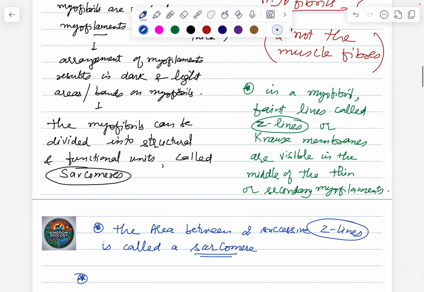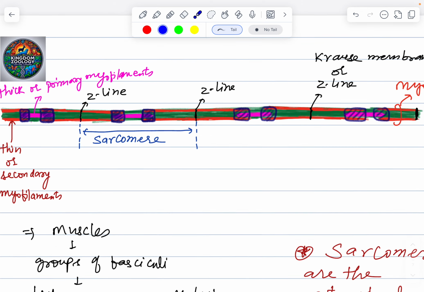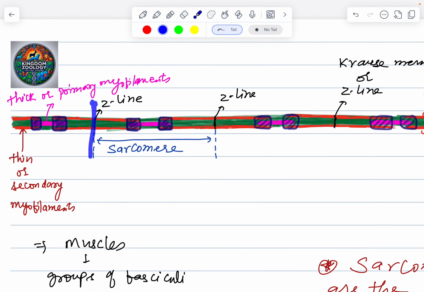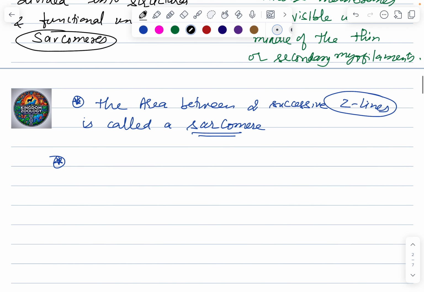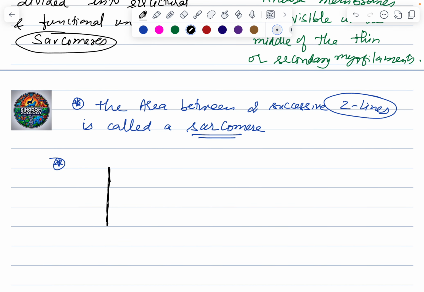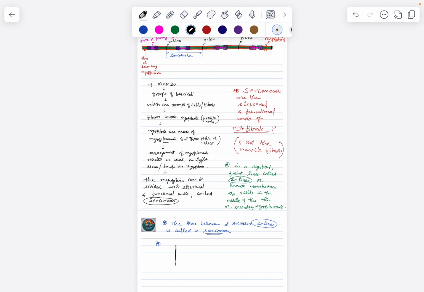Now if I basically, let's say, just choose one single sarcomere, I'm going to draw another structure now. This is one Z line, this is the other Z line, the area between them is the sarcomere. So let's just focus on this much structure now. Here is your one Z line, and here's your second Z line.